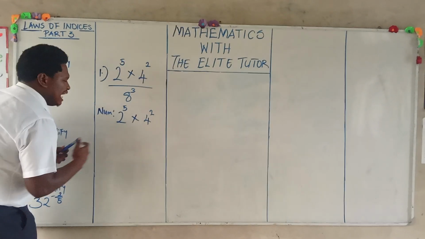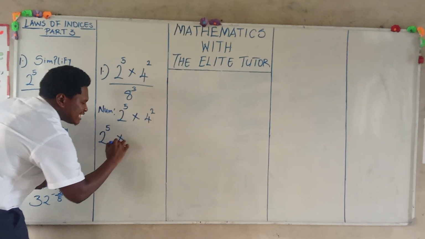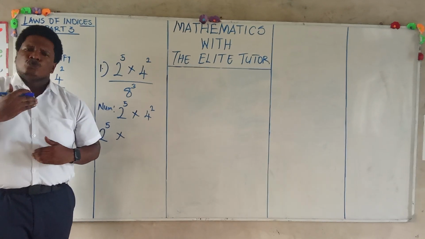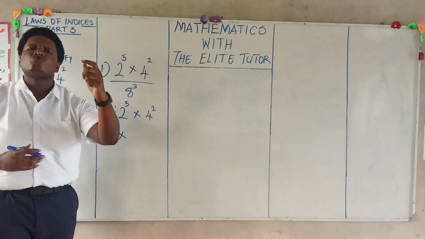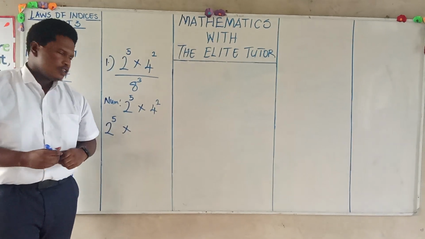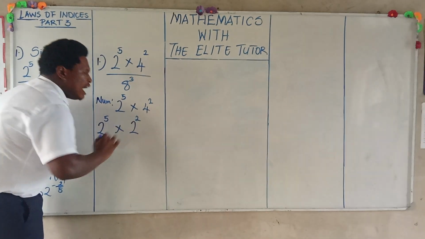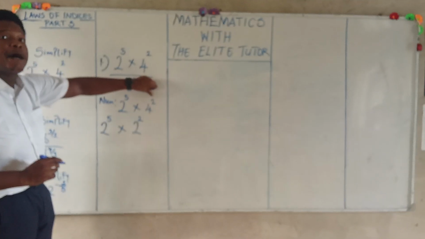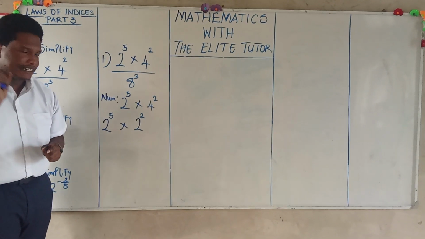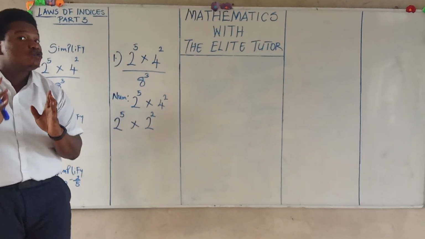Now, we can say that this is 2 raised to power 5 times, now 4 can be expressed as 2 raised to power 2, because 2 raised to power 2 gives us 4. So we know that 4 can be expressed as 2 raised to power 2. And don't forget to have this power. Please, I don't want you to get confused. Please pay attention. 4 itself has a power which is 2.